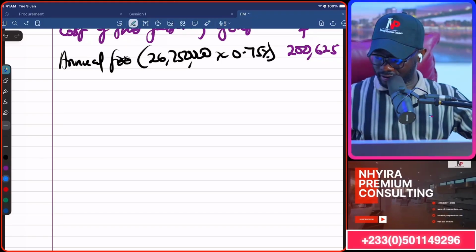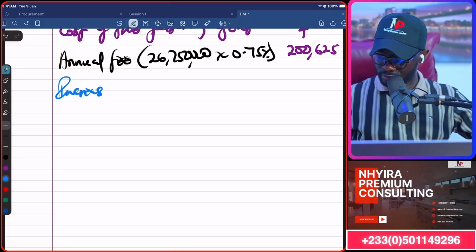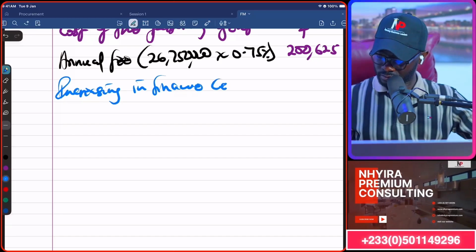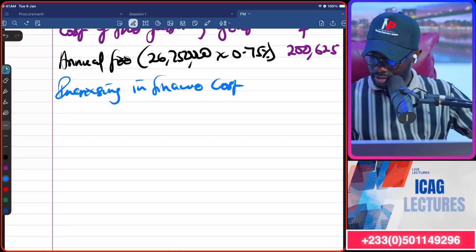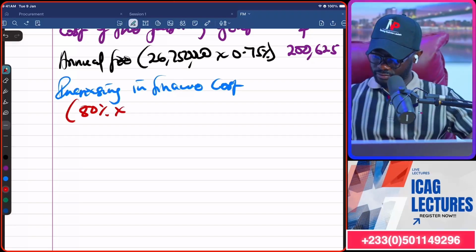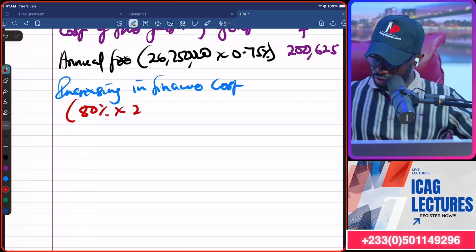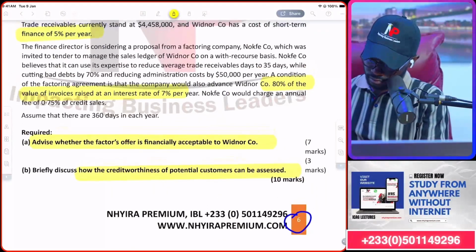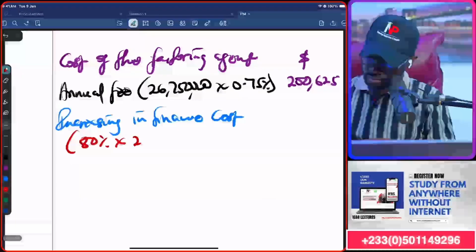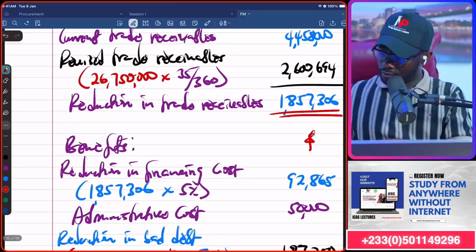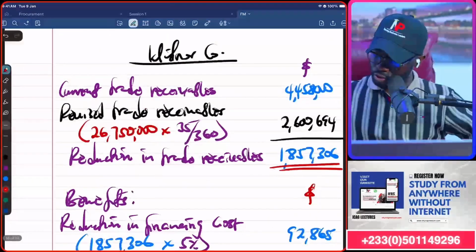So there will be an increase in our financing cost. Of the receivables figure, which is 2,600,000.